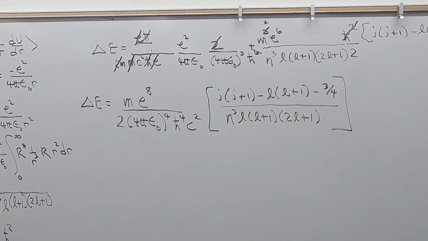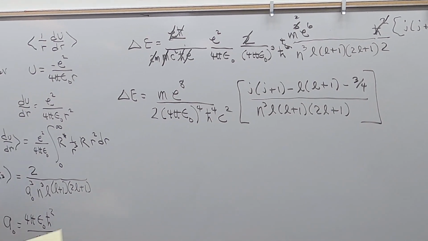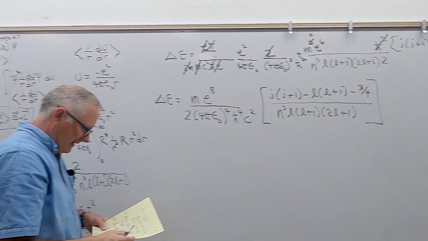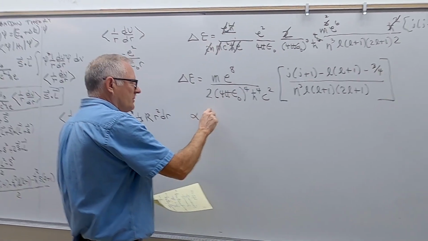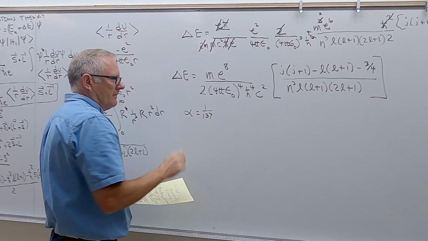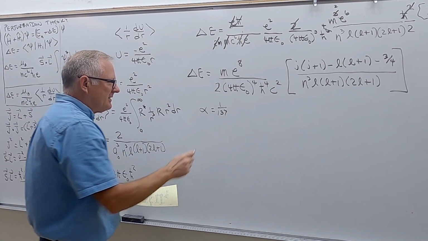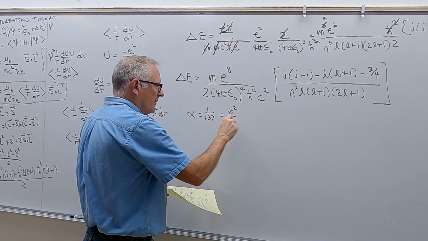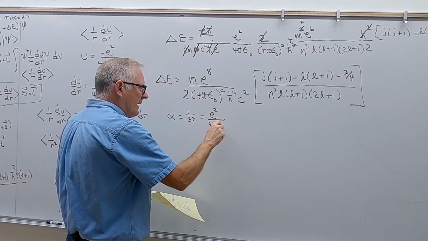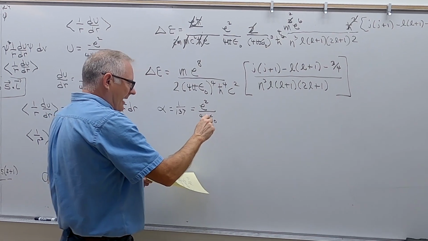Okay. Now, just to simplify this a little bit, remember our fine structure constant, which is 1 over 137. That was just e squared all over 4 pi epsilon naught h bar c.